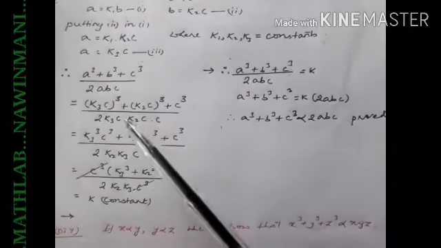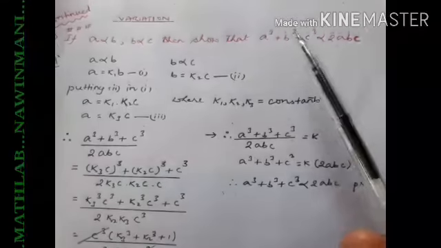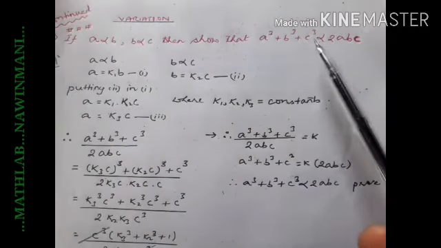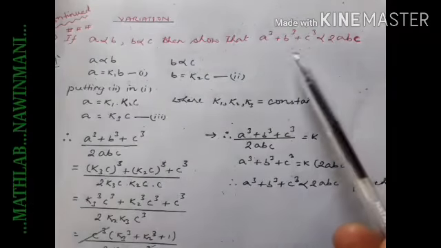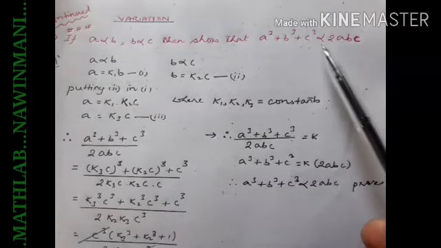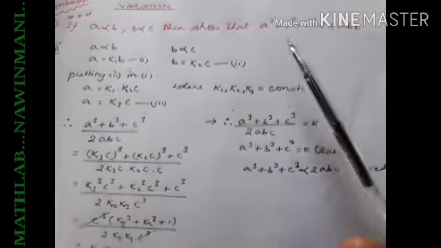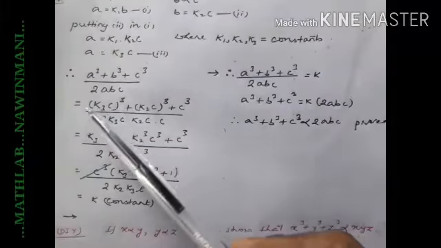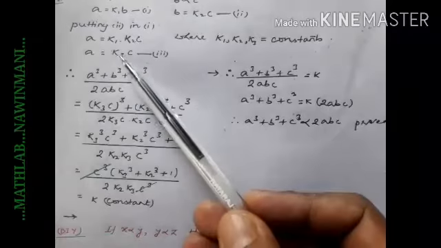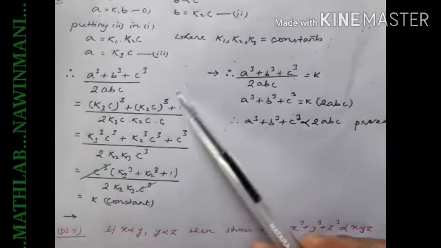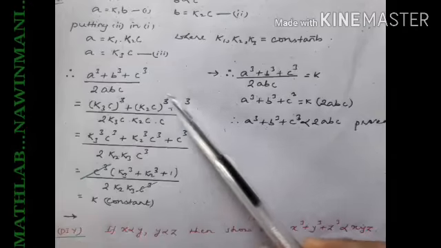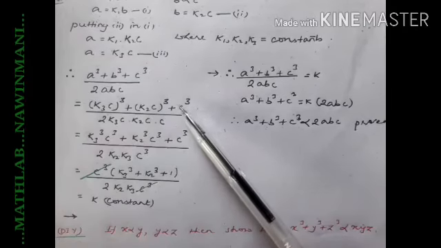Alright, now what I have to prove is this. In order to prove this, in the previous video also I have said that you bring this down directly. Bring the right hand side below this directly. Then is equal to, for A you write k3c, for B you write k2c, and for C you write C, the last one as it is.